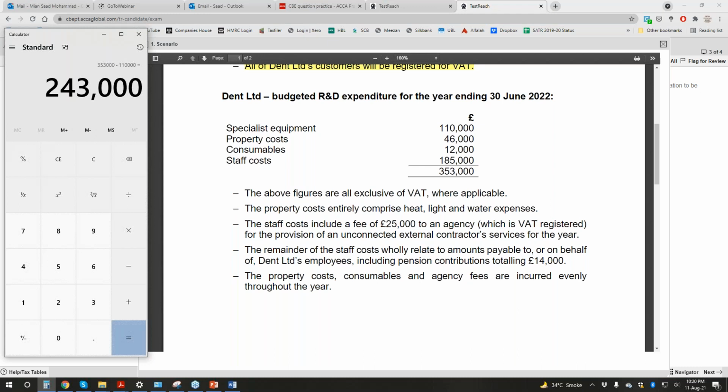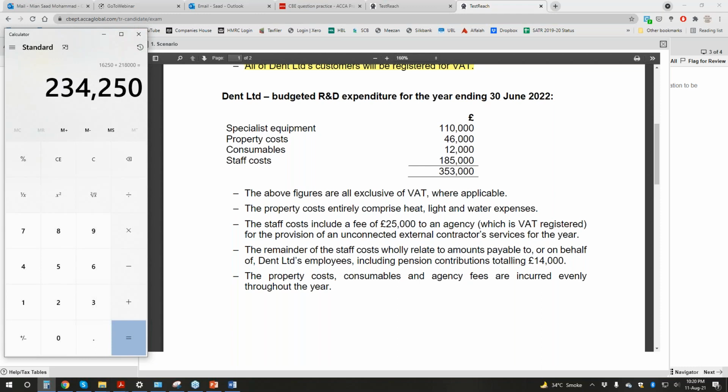Why? Because it has been made to a subcontractor, and I will then add back the 65% of 25,000. So let's deduct 25,000 as well. Do remember the amount was 218,000. So let's take 65% of 25,000 and add it to 218,000.